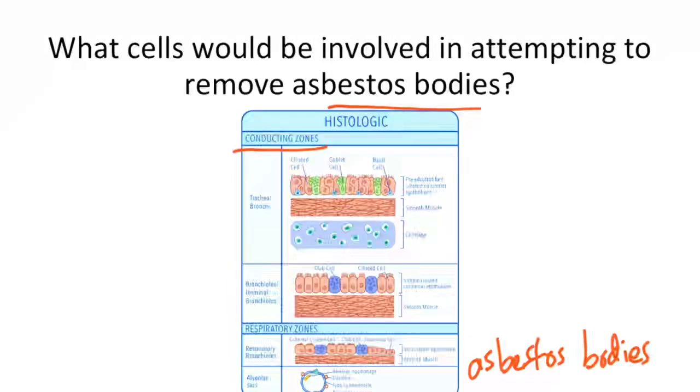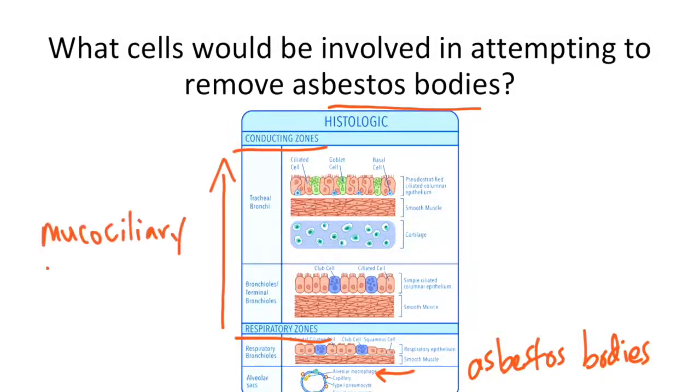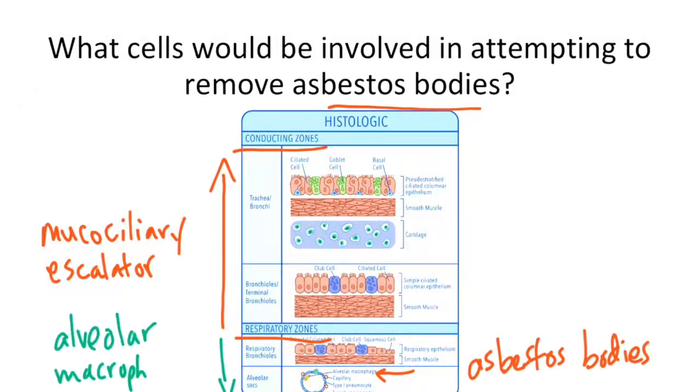But once a particle reaches the respiratory zone, the alveolar macrophage is the main line of defense. So any particles in this region here are removed by the mucociliary escalator. Anything distal to the terminal bronchioles, so the respiratory zone, is removed by the alveolar macrophage.